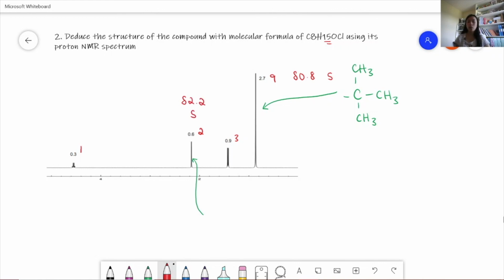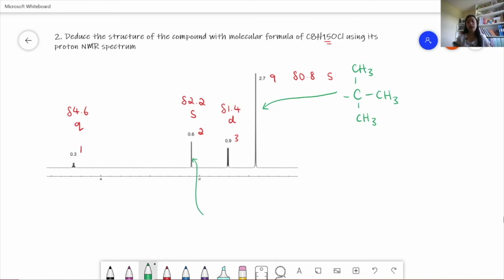And then for the doublet we have with a relative intensity of 3, it's got a ppm value of 1.4, and like I said, it's a doublet. And then for the last one, we have a quartet, and this is at 4.6. So it's always helpful to work these out either as you go along, or maybe at the start, to just help you work out what you've got in that part of the structure.